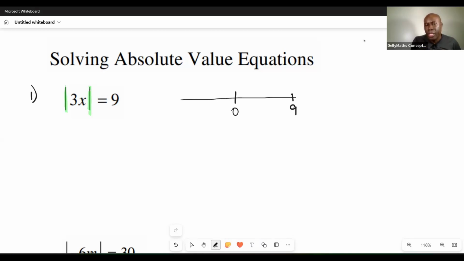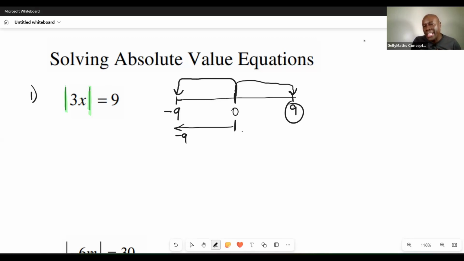If we're on the number line and we look at the other side, where -9 is, if we were to hop from 0, it's going to take us 9 units to hop to the right, where +9 is. But at the same time, from 0, it would have taken us 9 units to hop to where -9 is. So 9 steps to the left will land us at -9, and 9 steps to the right from 0 will land us at +9.